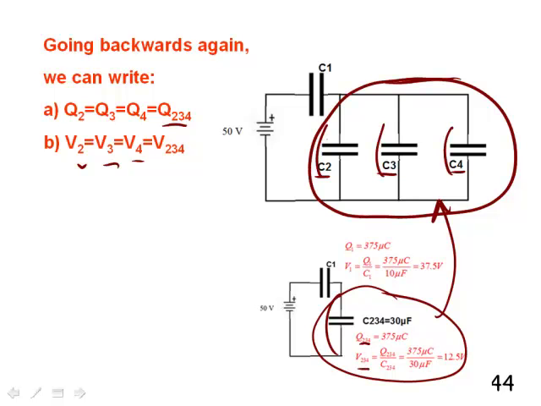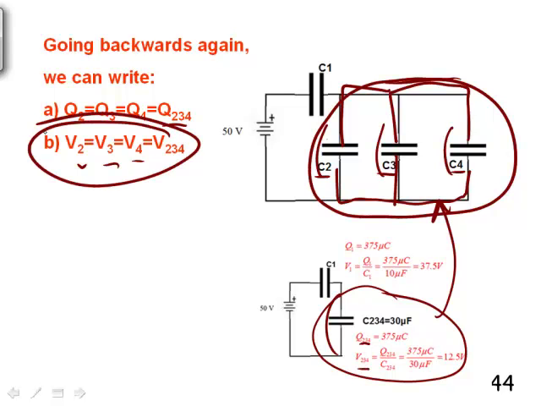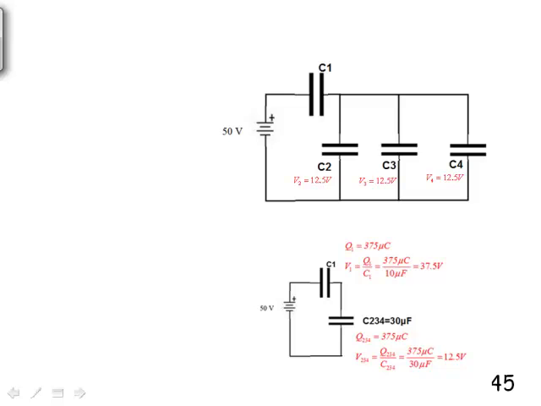Well, what you should have known is that if these elements are in parallel, they're all holding hands, then the voltage across each one of those elements is going to be the same. So this is the answer to that question. The voltages will be the same. So now I go through and I say, well, I know the voltage on C2 and C3 and C4 are the same as the voltage across the equivalent capacitance, which we already calculated previously as 12.5 volts.